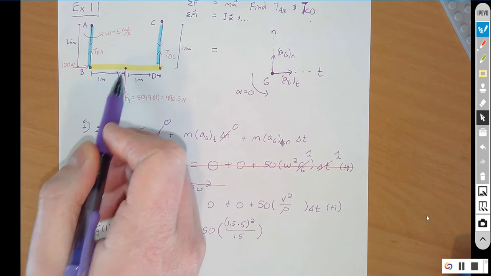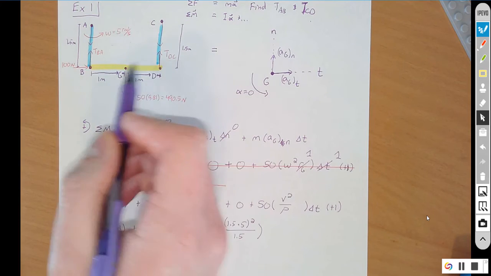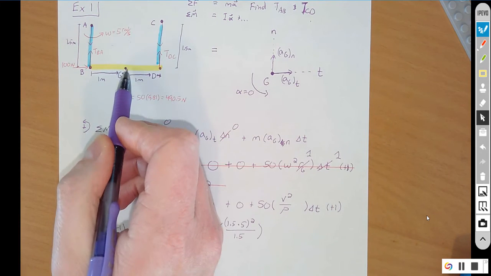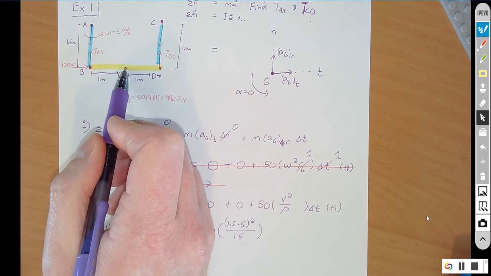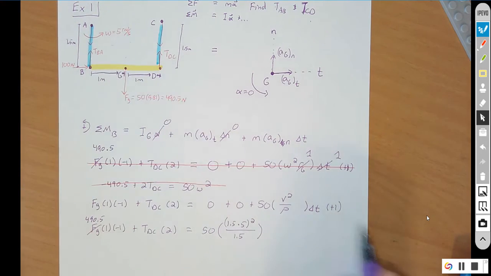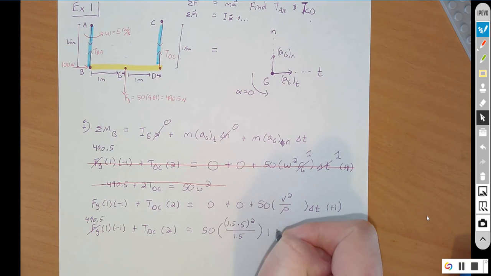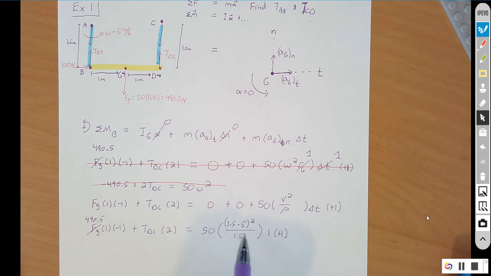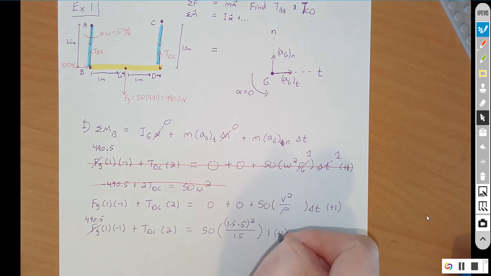So again, we're looking at our acceleration upward here at G based on B. So we move up here. So we're 1 meter away, and we go around this way. So we have a 1, and then our sense is positive 1. So we put all the numbers in as positive, and then we determine our sense manually as positive 1.